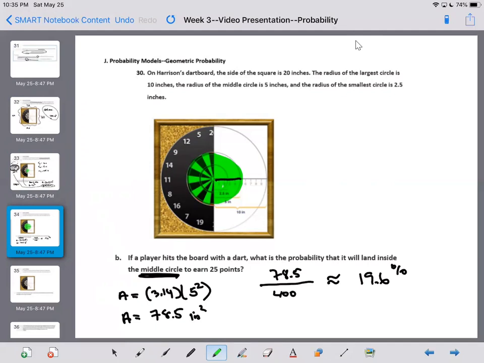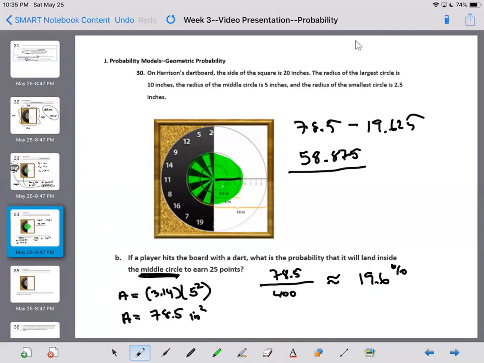So if we take 78.5 and subtract the 19.625, we get about 58.875.